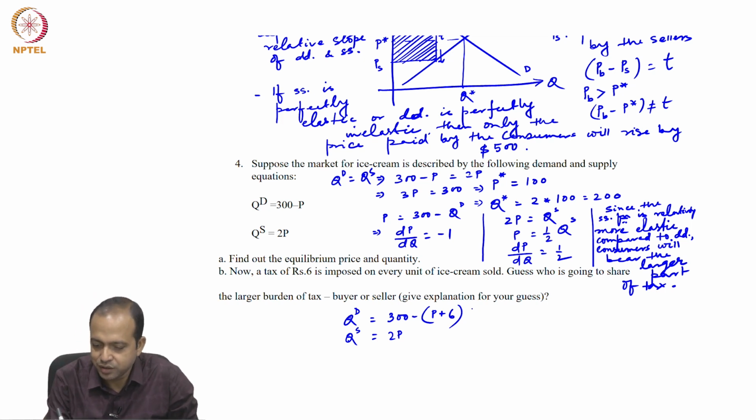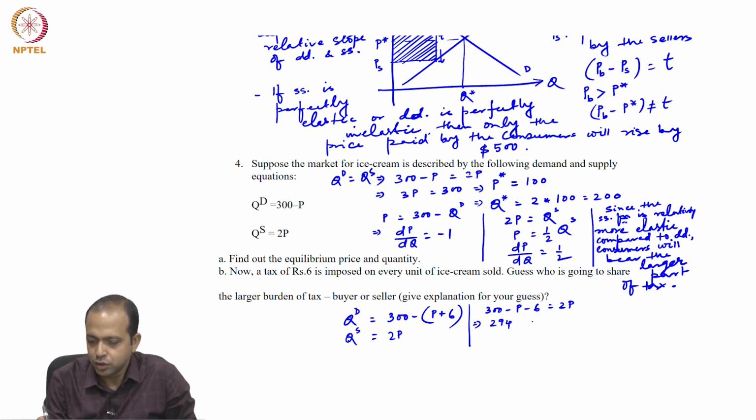If you equate, then what will happen? 300 minus P minus 6 equals 2P, or 294 equals 3P.